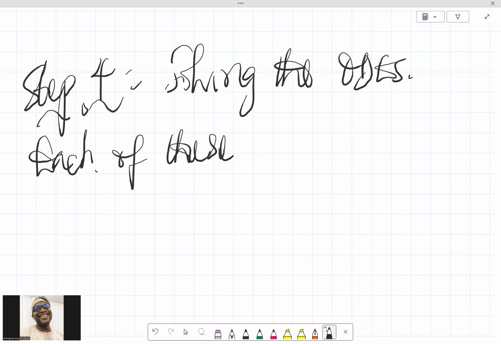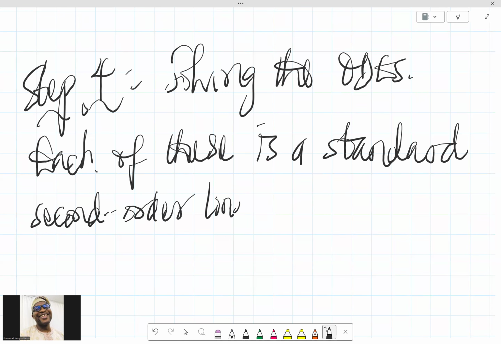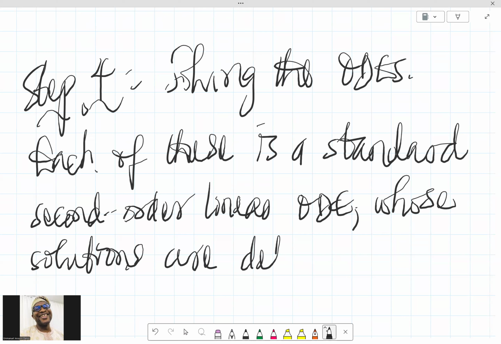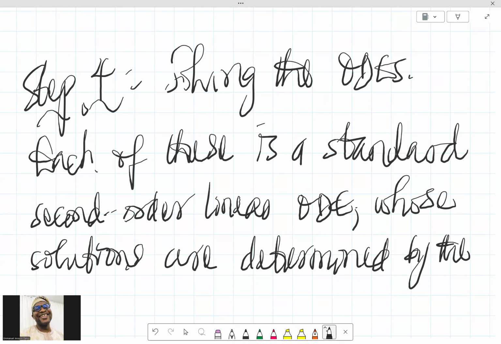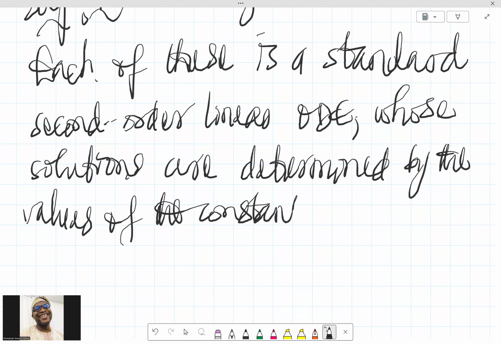Each of these is a standard second order linear ordinary differential equation whose solutions are determined by the values of the constants lambda 1 and lambda 2.